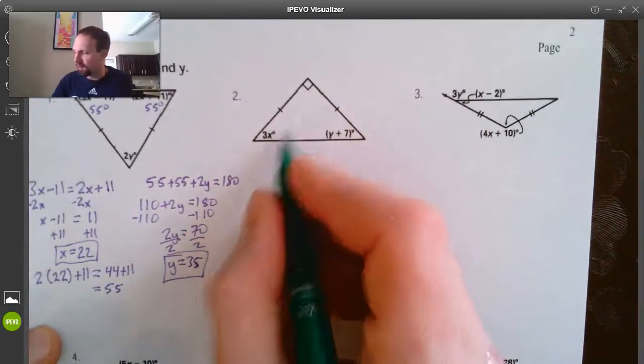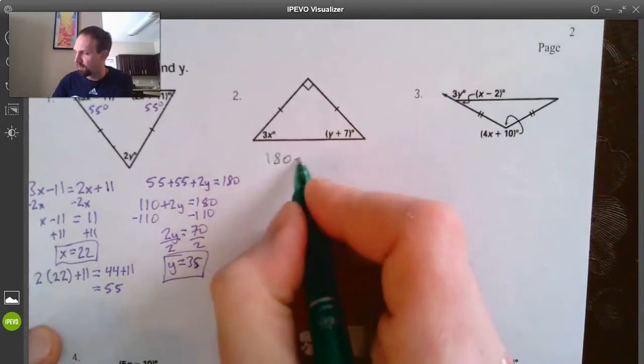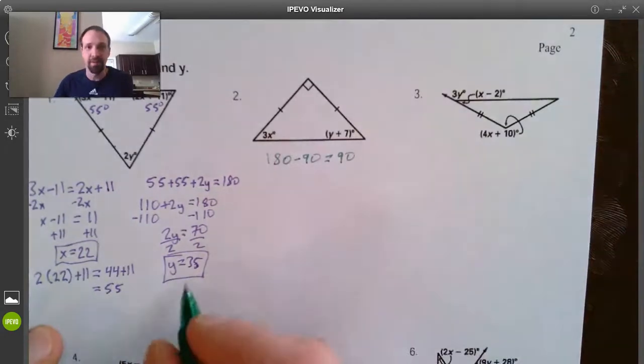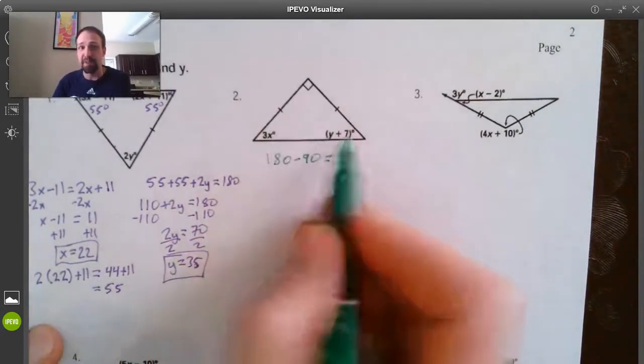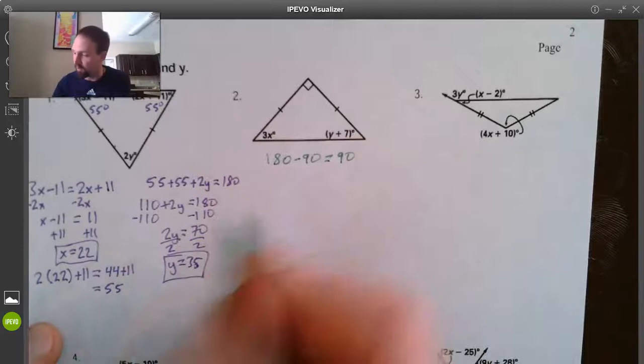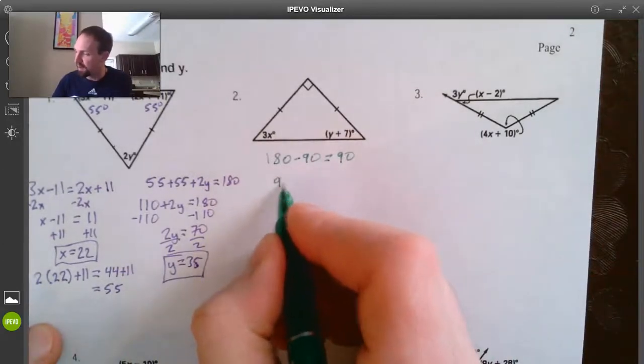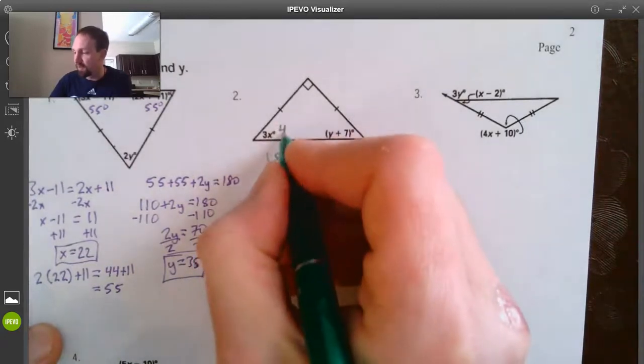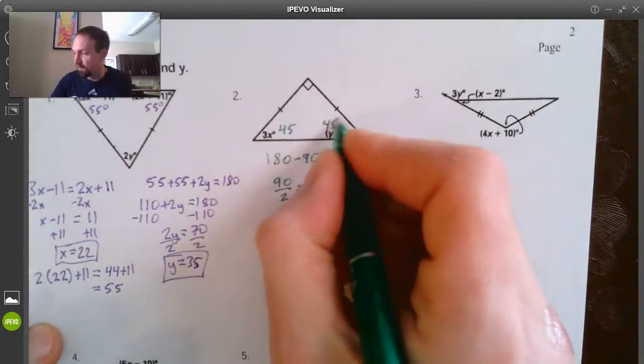So, 180 degrees minus the 90 from this right angle gives me 90 degrees left. So these two have to add up to be 90 degrees, and I know that they're the same. That means that 90 divided by 2 is 45 degrees, which means each of these are 45.